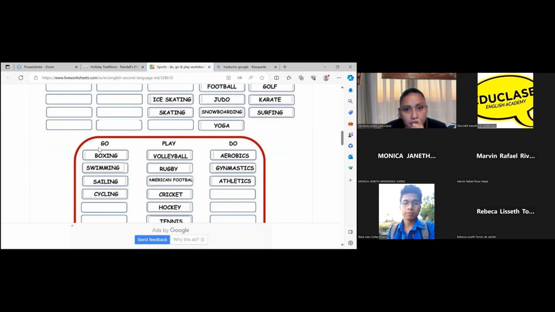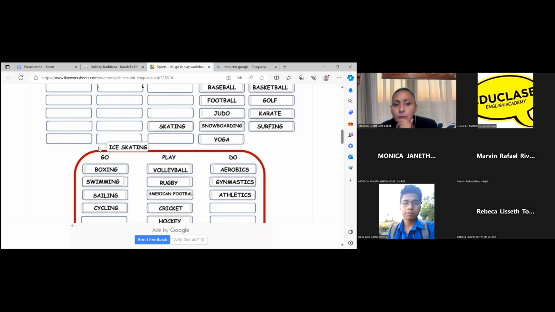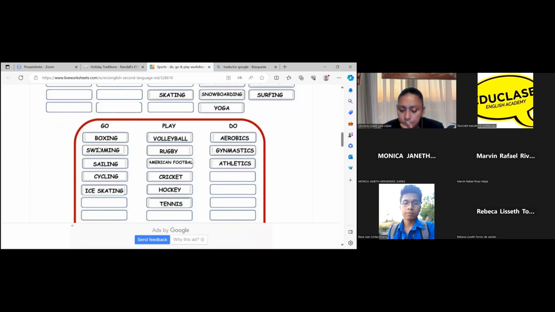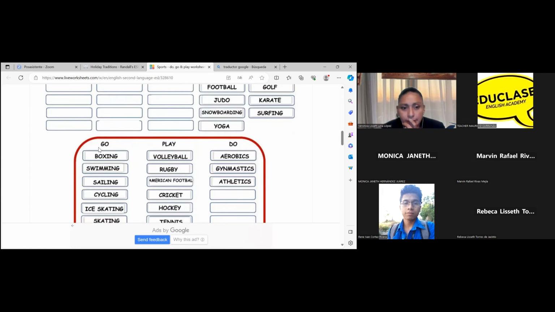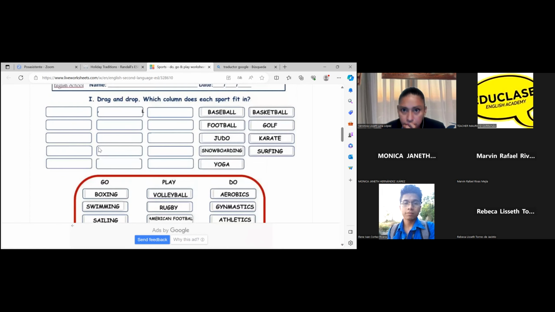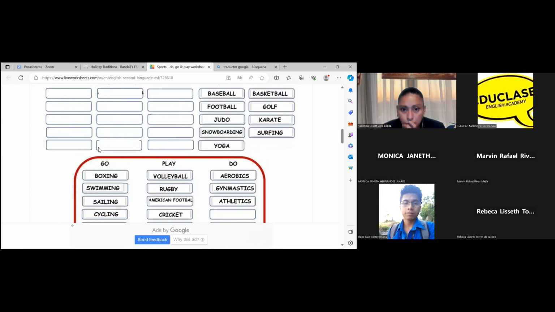Ice skating, go. Skating, go. Baseball, play.